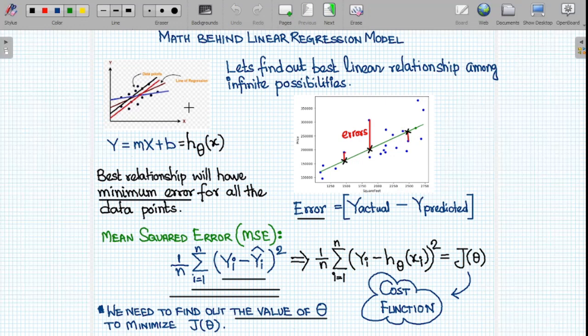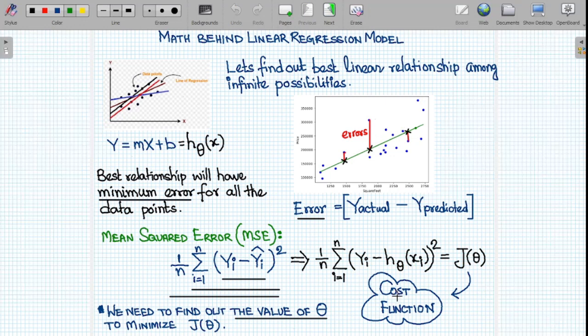In this session, we tried to understand the math behind the linear regression model. We tried to focus on how the linear regression model internally comes up with the best relationship from given data points. We realized what the error is, and how from this error equation we create the mean squared error, which is nothing but the cost function in the case of the linear regression model.